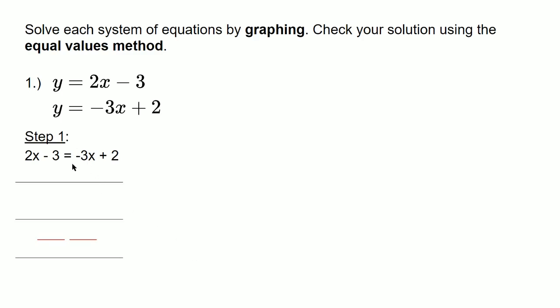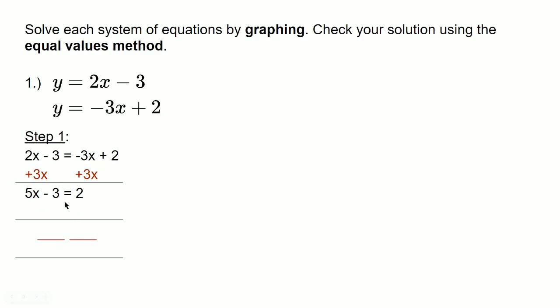I'm going to move the negative 3x, and I'm going to do that by adding, because I know adding is going to undo that negative. So plus 3x plus 3x. On the left, that's going to give me a 5x. On the right, that negative 3, positive 3 will cancel. So we get 5x minus 3 is equal to 2.